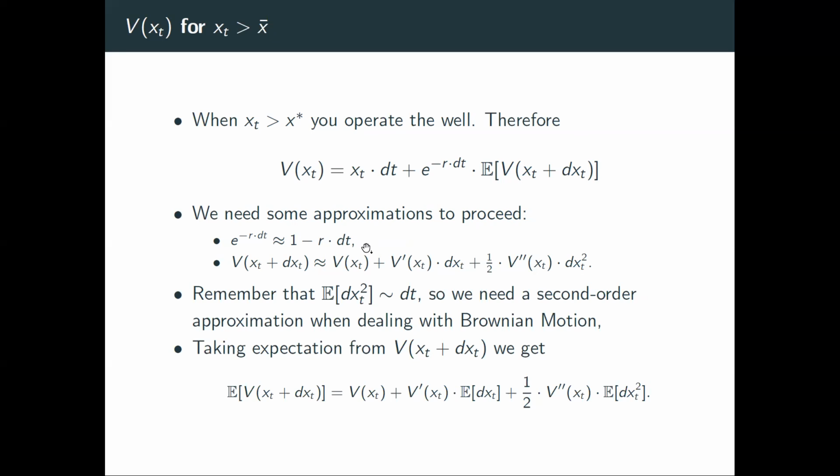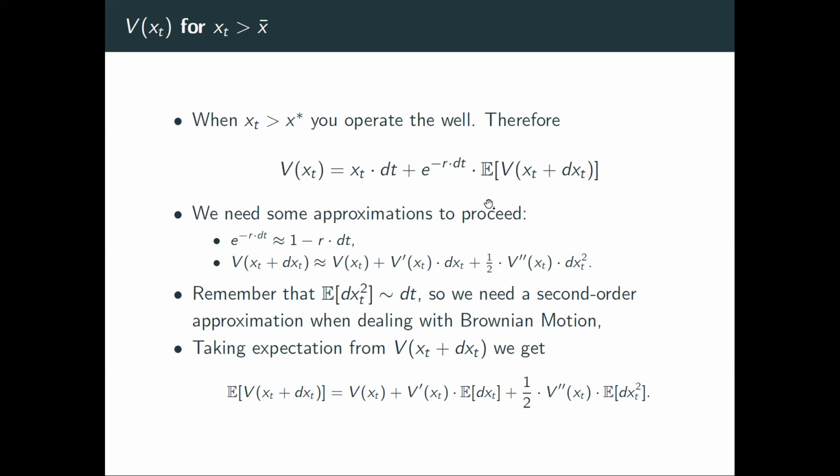Remember that everywhere you need approximations such that they give the first order approximations in terms of dt. So here it's always this type of approximation because all other terms are of order dt squared, dt cubed, and so on. And according to our convention, dt squared is already 0, so we do not write it. Here, in case you operate with Brownian motion, right?